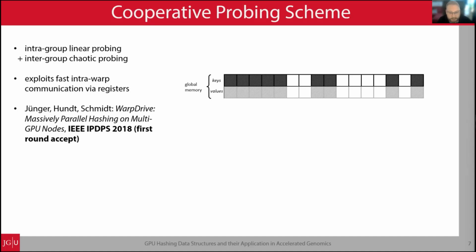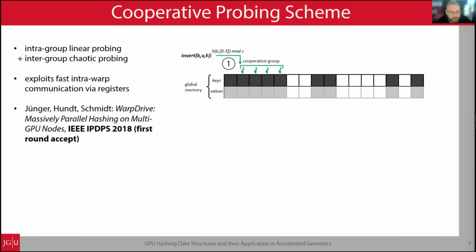But instead of using a single thread per input element, we utilize a so-called CUDA cooperative group, which is a group of coalesced threads in a warp that can share the same cache line and are able to communicate via fast registers using warp intrinsic operations such as shuffles or vote operations.